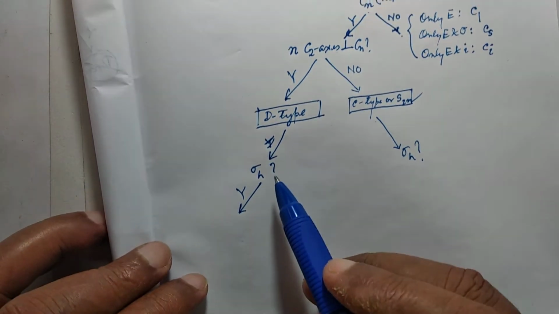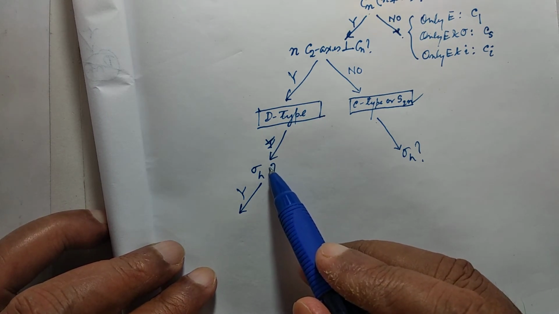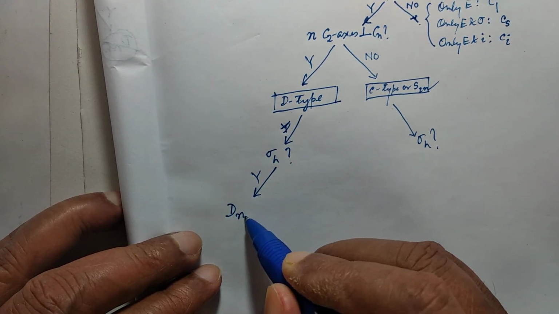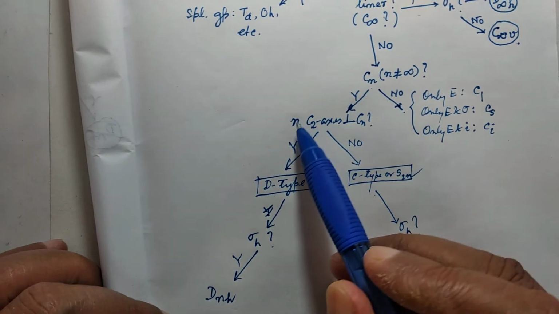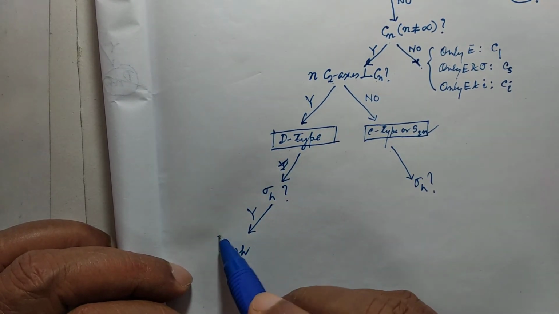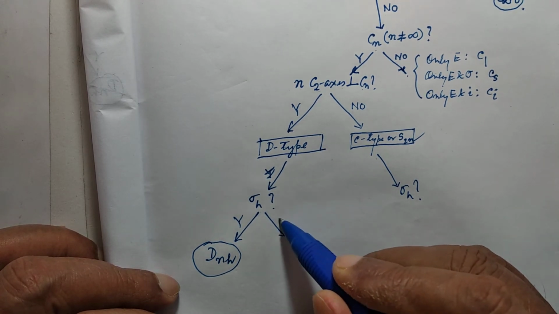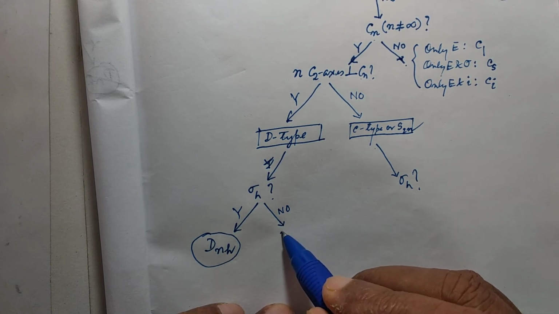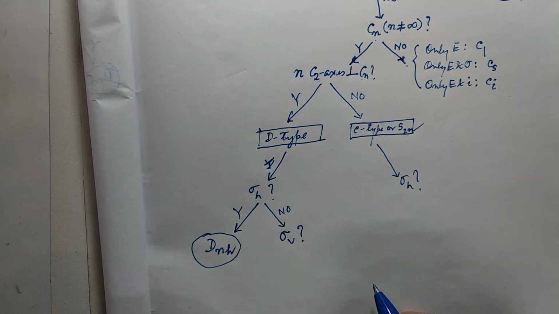If the answer is yes, then it is of D type, and there is a sigma h plane. The point group will be Dnh. It has a Cn axis, then n C2 perpendicular to Cn, then sigma h. Therefore, the point group is Dnh. And if here the answer is no, then next question is, does the object have sigma vertical plane?